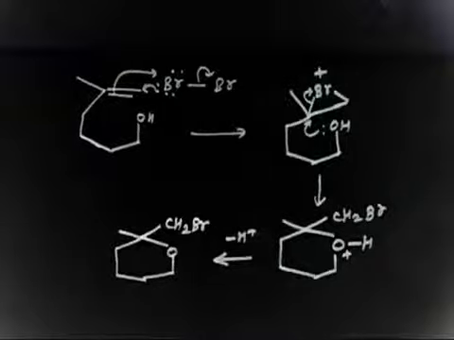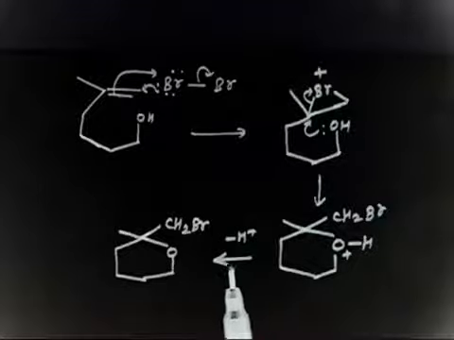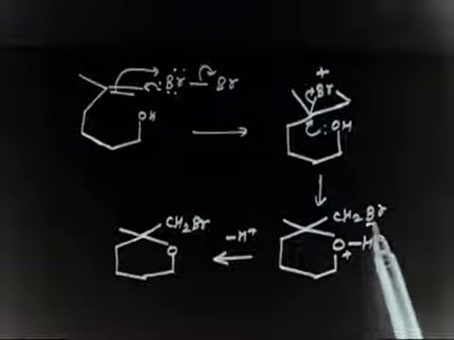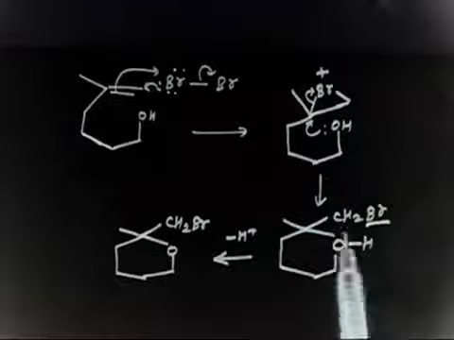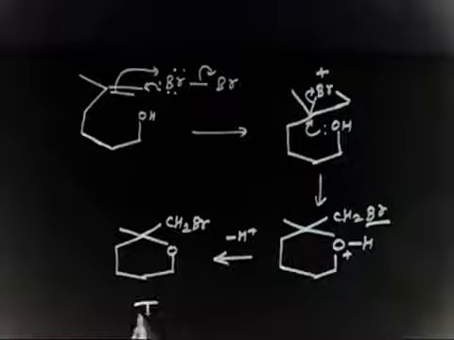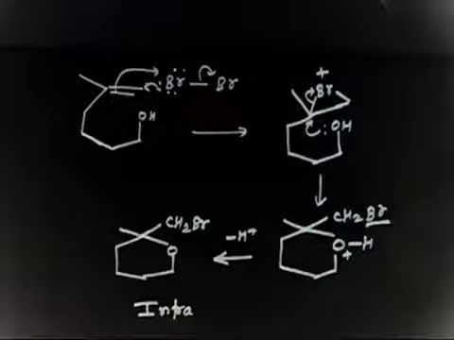So this is, you can say, intramolecular oxymercuration, demercuration reaction, the previous one. And this is intramolecular, you can say, halohydrin formation. This is a halo group, Br. And OH is hydroxy group, but in this case this OH is coming from the intramolecular. So this, you can say, intramolecular halohydrin formation. The previous one is intramolecular oxymercuration, demercuration.